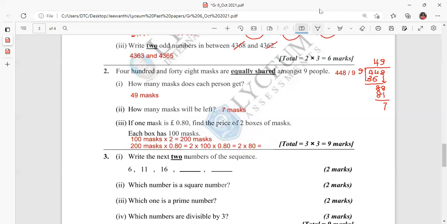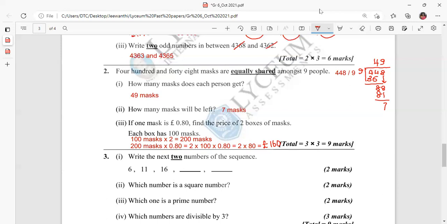It is 160, but you want to use the sign. I repeat, each box has 100 masks and we have 2 boxes. So there should be 200 masks. 1 mask is 0.80 pounds. So if we have 200 masks, you want to multiply it by 0.8. I segregate. Can you remember in part 1 also we did this kind of question?